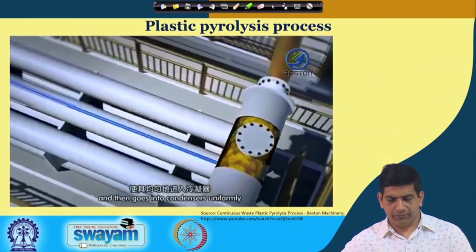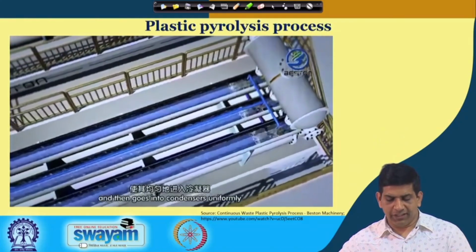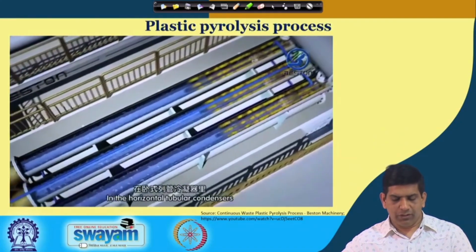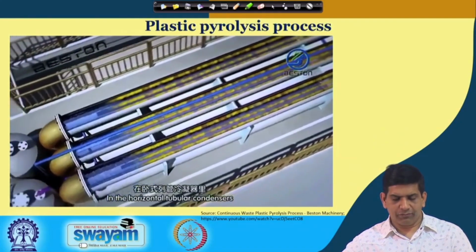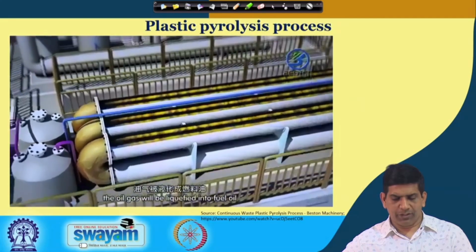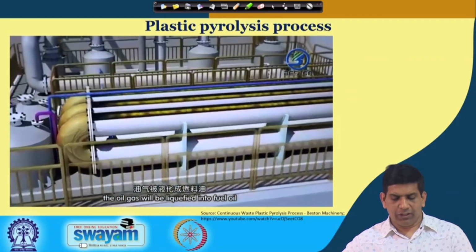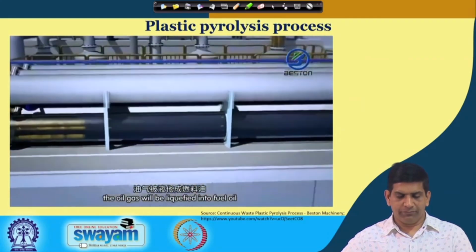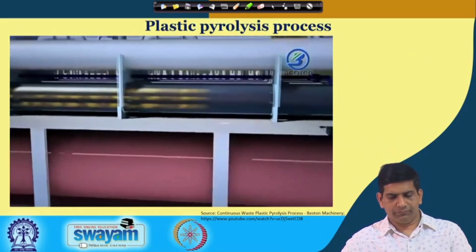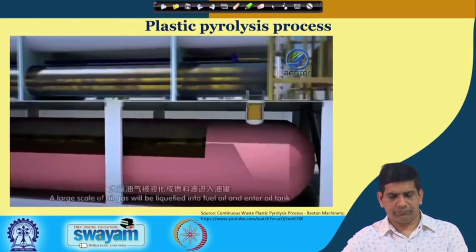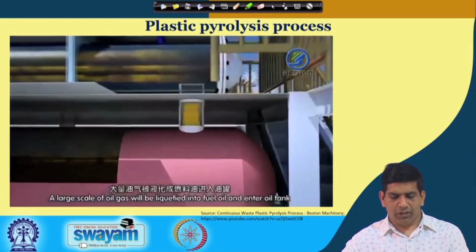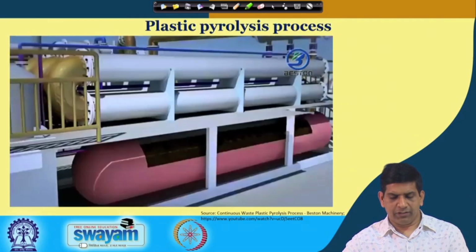Then the gas will be condensed in the horizontal tubular condenser. We have the condensation happening. Then the oil gas will be liquefied into fuel oil. Large scale of oil gas will be liquefied and then goes to the oil tank.